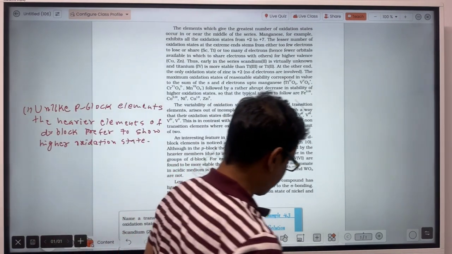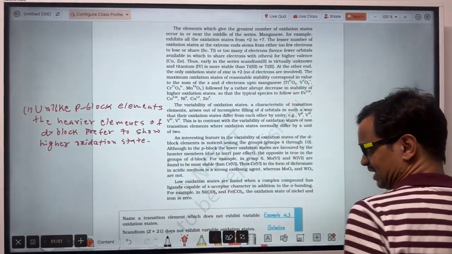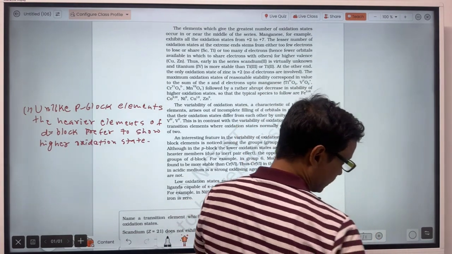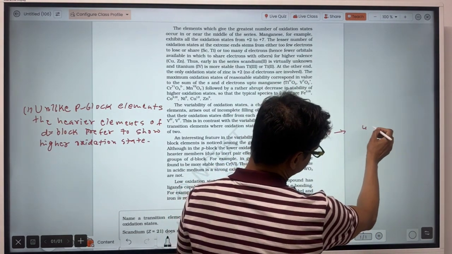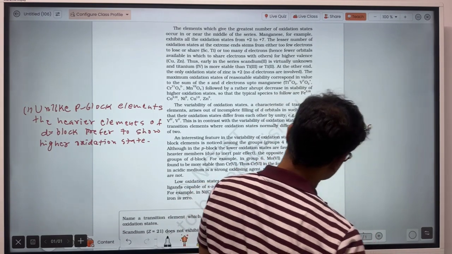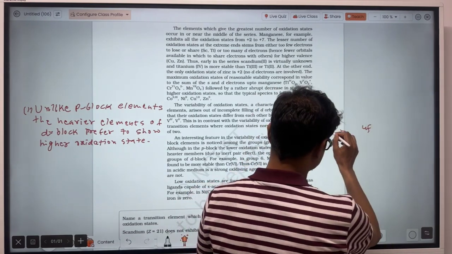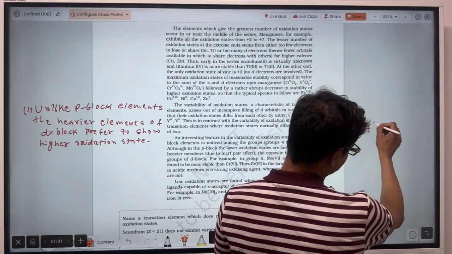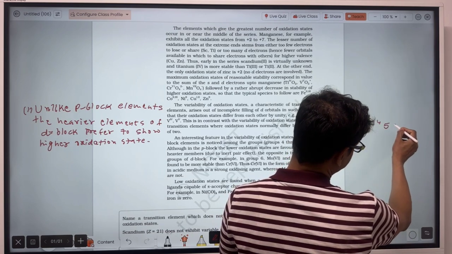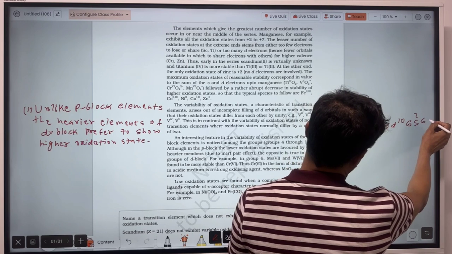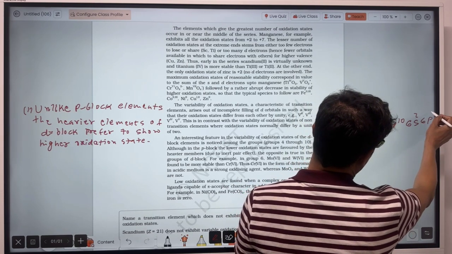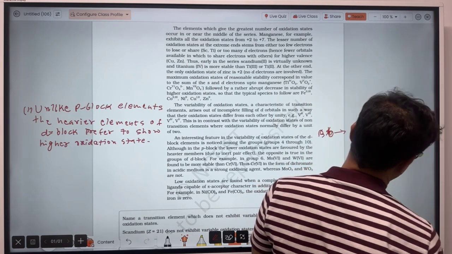Listen here. What happens in the case of p block elements? When you consider antimony, there will be the outermost electronic configuration 4f14, 5d10 and 6s2, 6p3.